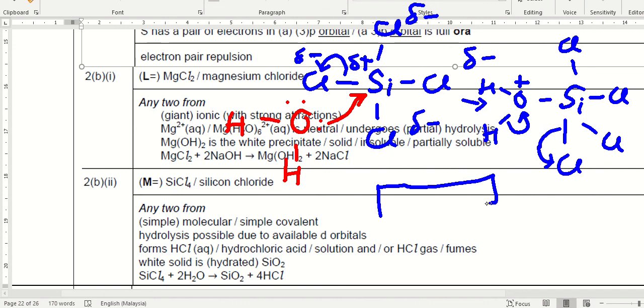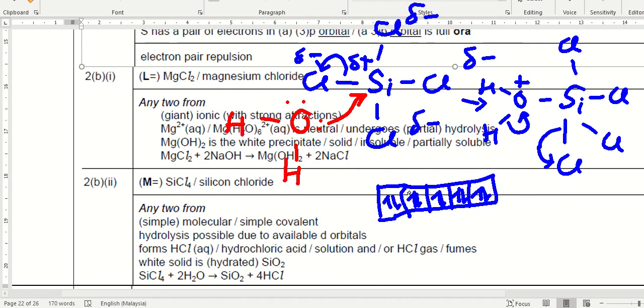Now you know there are 5 3d orbitals. If they are empty, silicon can accept a maximum of 5 lone pairs. But now it has only accepted 1 lone pair from O.